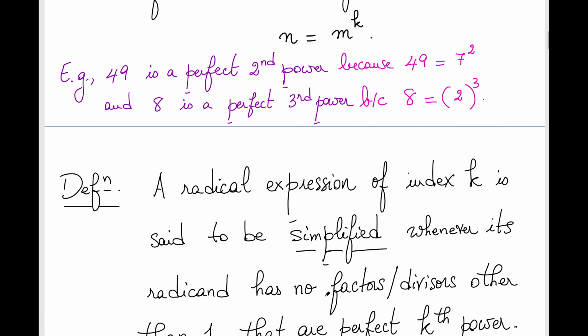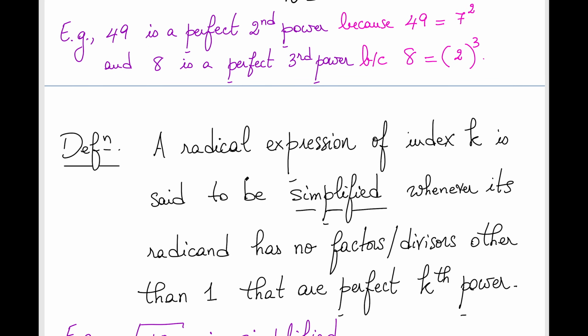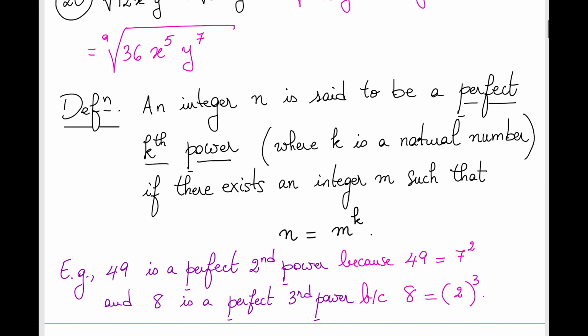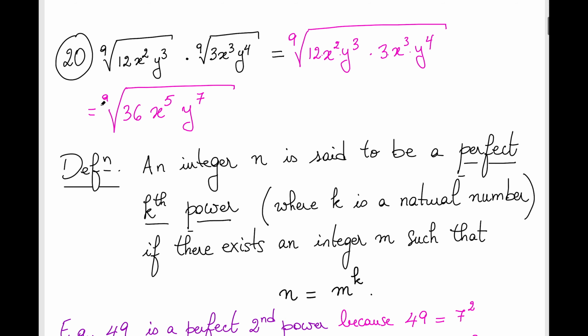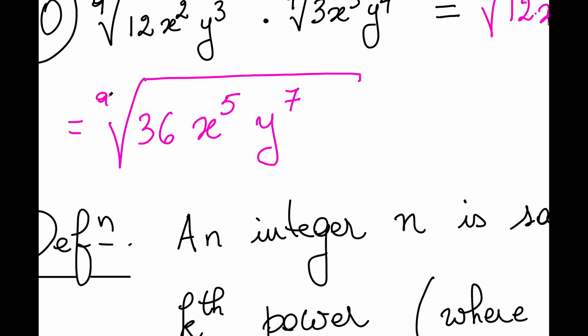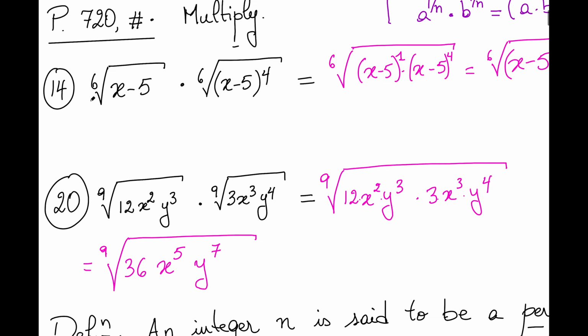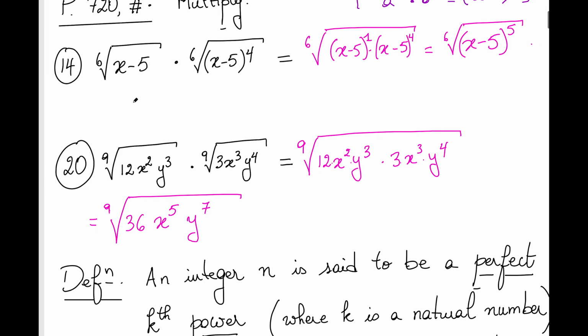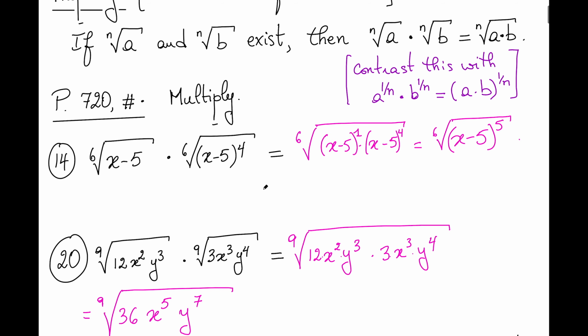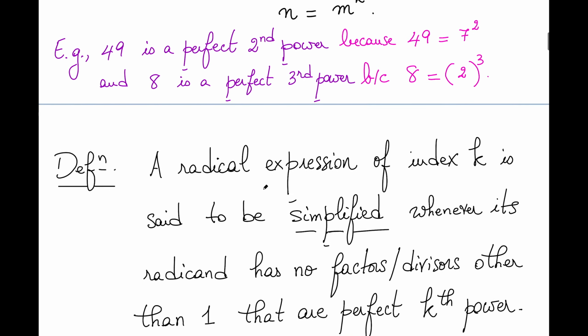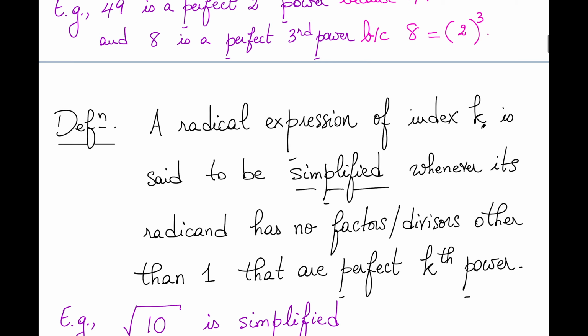All right. Definition. We say that a radical expression of index k, remember what's the index of a radical expression? The index is the guy that sits on the hand, right? For example, the index here is 9. The index here was 6, and so on. The index here is n. So a radical expression of index k is said to be simplified.